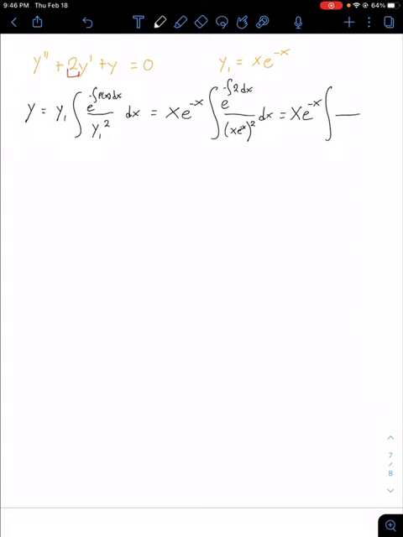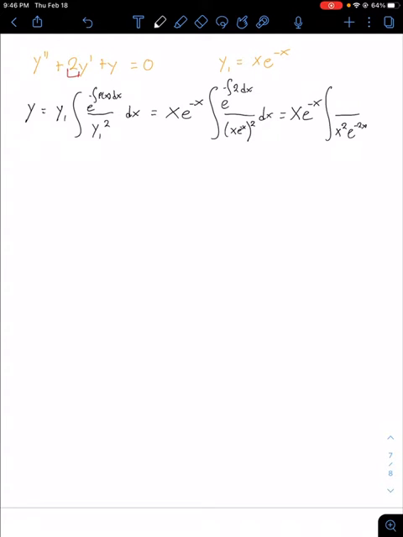The integral of x times e to the minus x times e to the minus x is x squared, and then e to the minus x times e to the minus x is e to the minus x plus minus x for the numerator. So it's going to be e to the minus 2x.